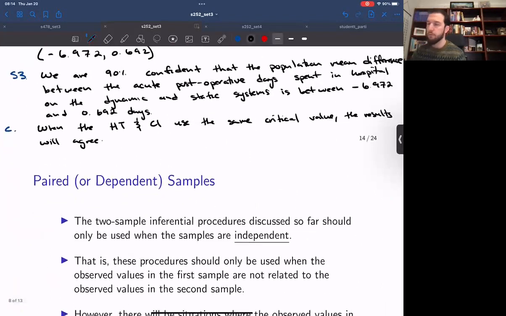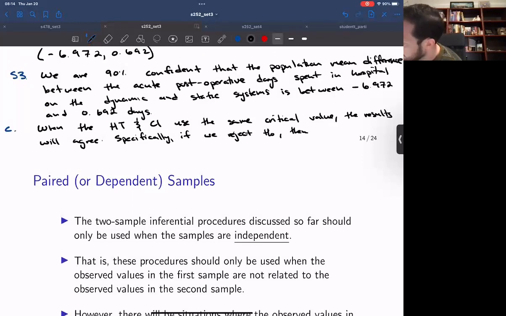In what way did their results agree? Specifically, if we reject H0, then the CI will not contain 0.